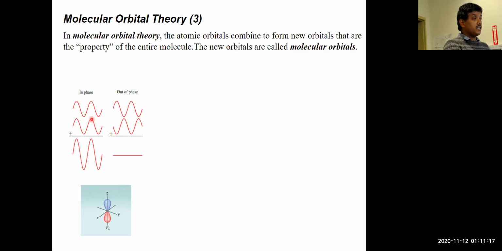Here this is in phase, where the crest matches with the other crest, which helps to create a bigger wave. Whereas here a crest is touching a trough to cancel each other out so there is no wave anymore.